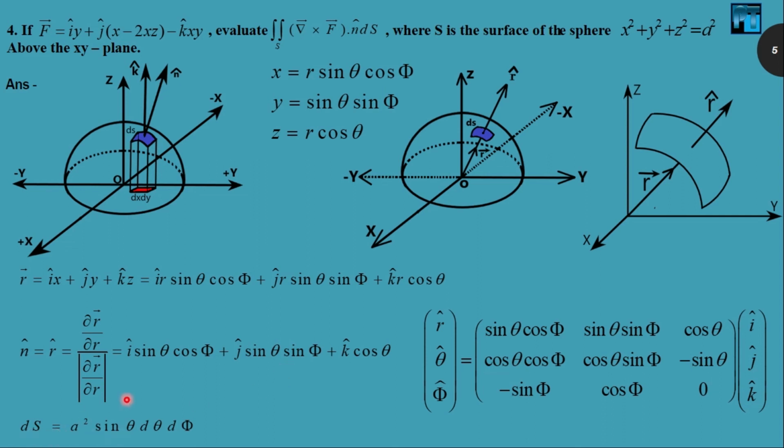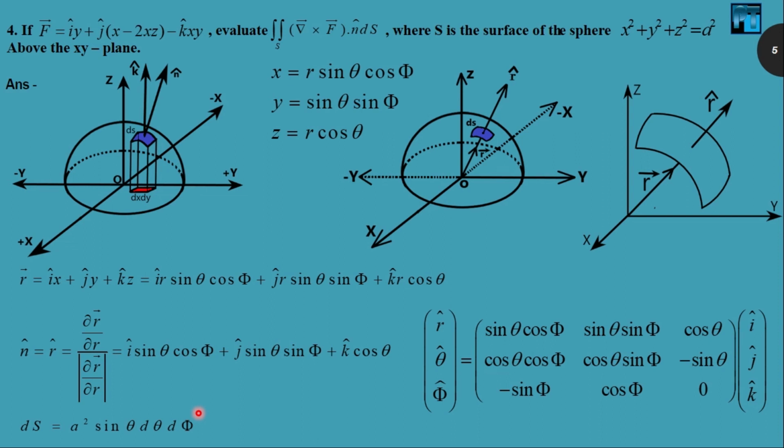and ds equals a square sin theta d theta d phi. What is a? Actually this is the general transformation of coordinates. See, x square plus y square plus z square equals a square. So our radius is a here. That's why ds equals a square sin theta d theta d phi.